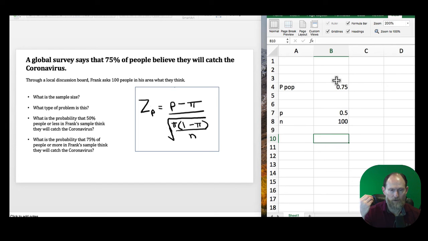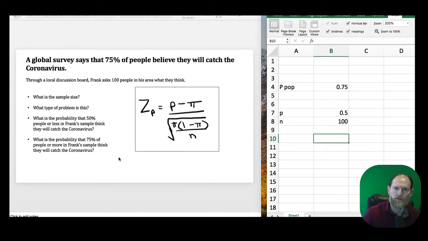Okay, so I know that for this problem, I'm trying to determine the probability for the value of 0.5 being the sample proportion that I'm going to see in my sample. So the first thing I need to do is convert and get a z-score so I can see how far away from 0.75 that value of 0.5 is, and then turn that into a probability.